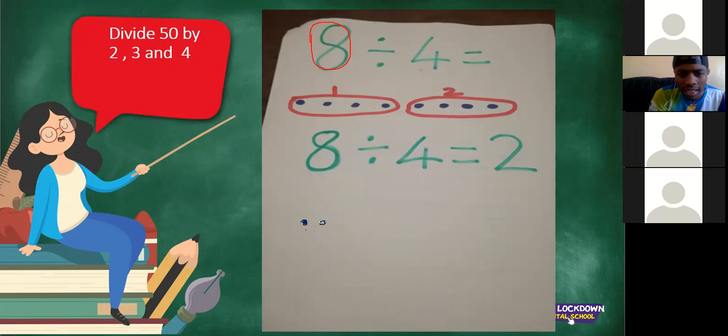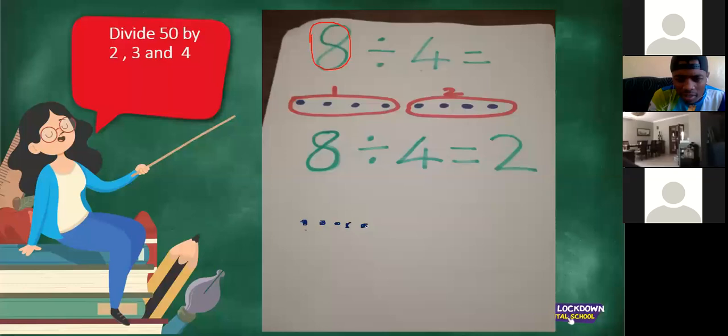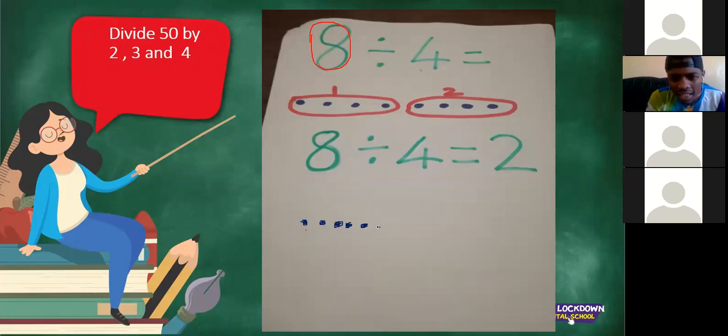So it's 1, 2, 3, 4, 5, 6, 7, 8. I know it's not pretty, but I'll try my best.